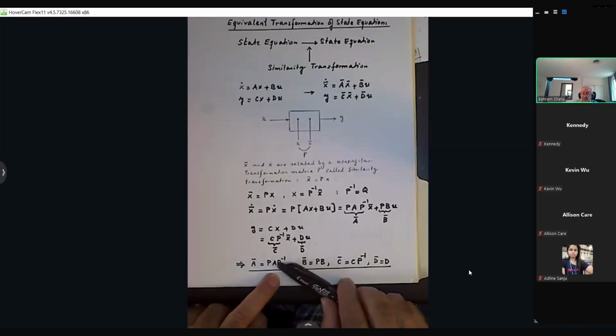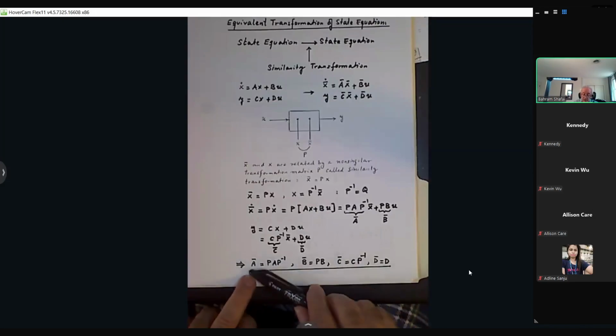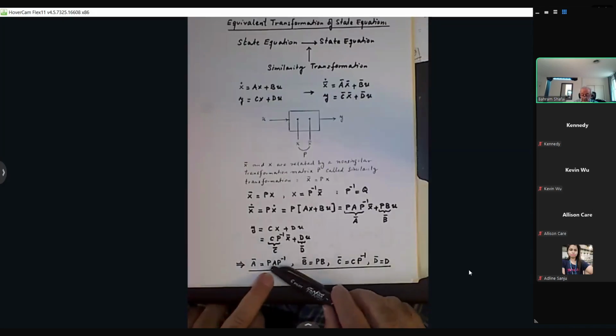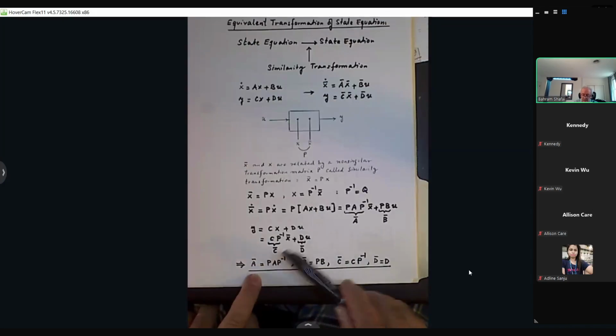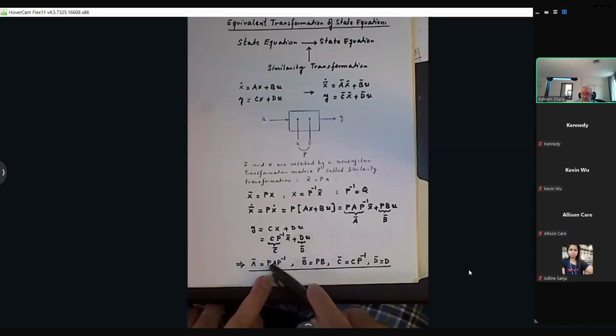There are certain matrices P that transform the system to observable canonical form. There are certain transformation matrices that transform the system to modal form. Now, the transformation matrix that transforms A, B, C into A bar, B bar, C bar in the controllable canonical form can be defined after we talk about the controllability concept. So I cannot cover right now how this P looks.